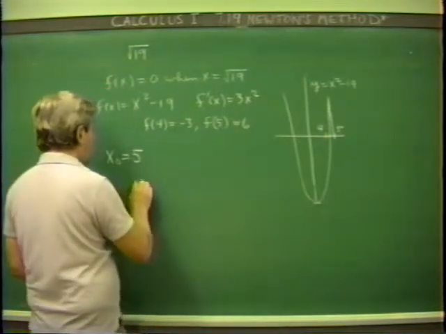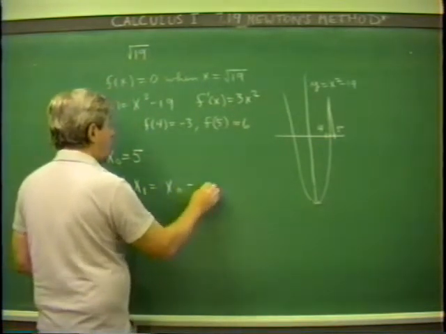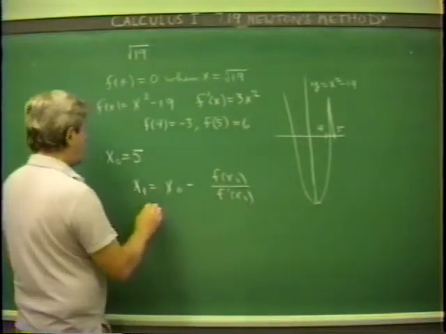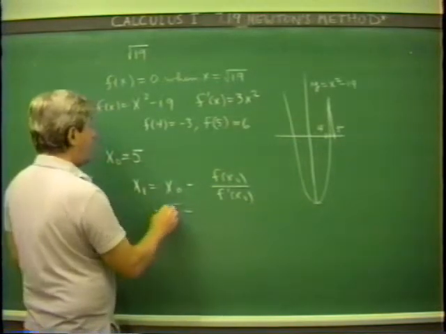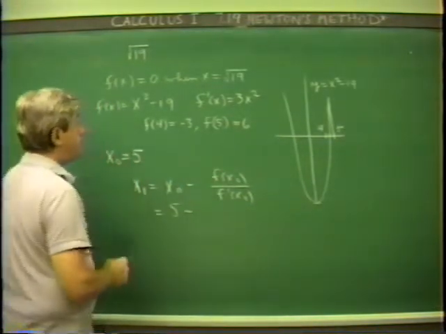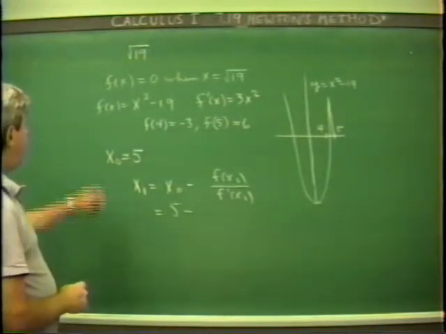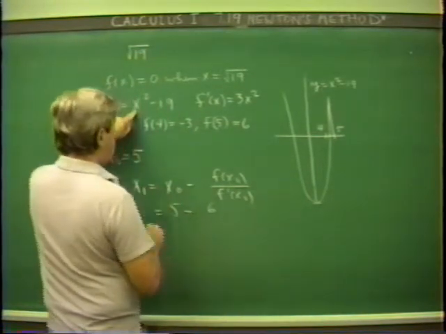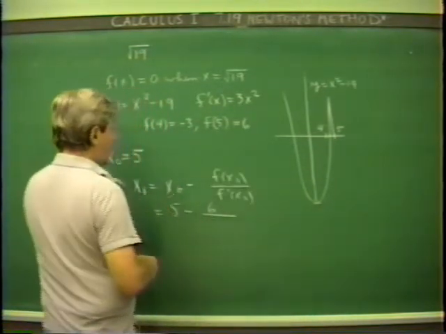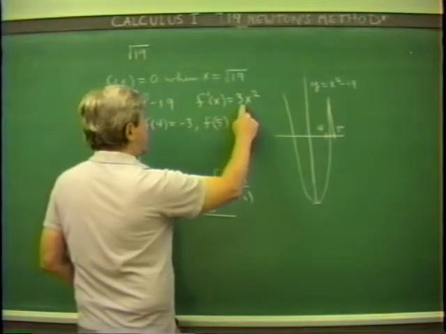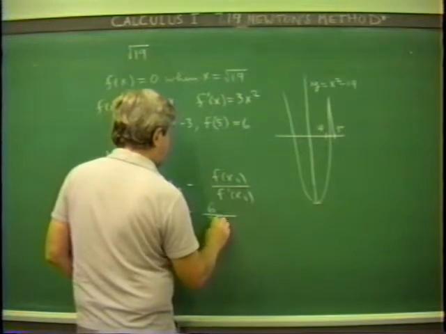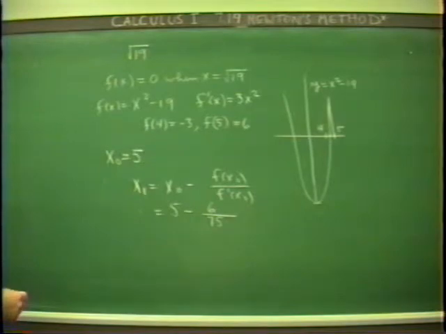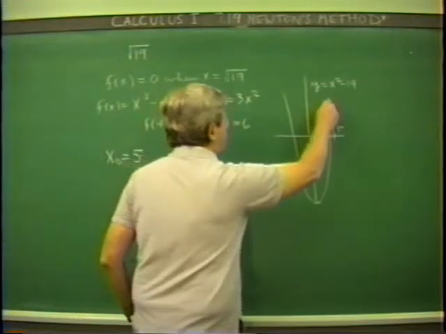Okay. Then we need f prime of x. That's 3x squared. And then x1 will be equal to x0 minus f of x0 over f prime of x0. So that will be equal to 5 minus f of x0, f of 5 is 6, over f prime at x0, f prime of 5, which is going to be 3 times 25, 6/75.